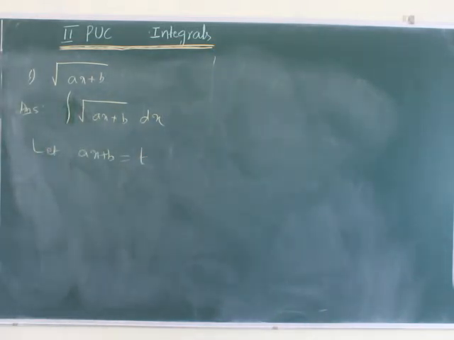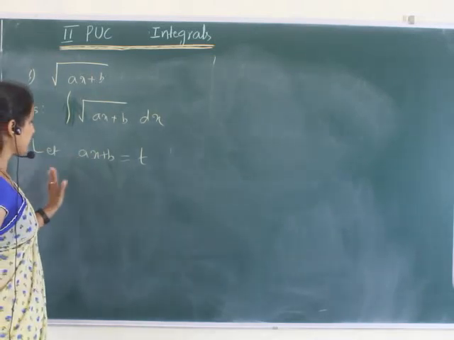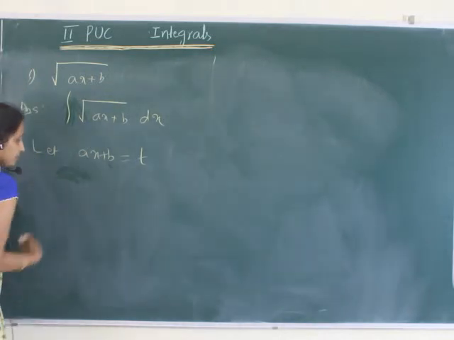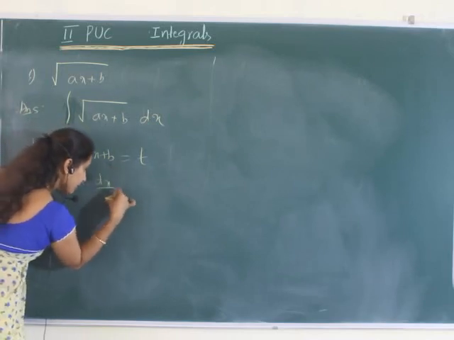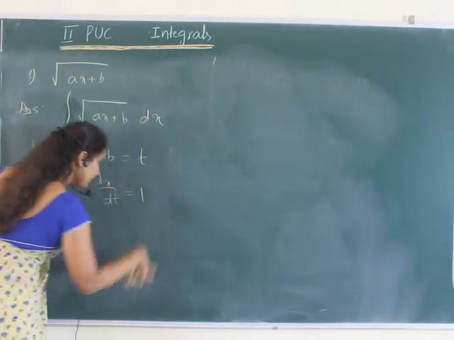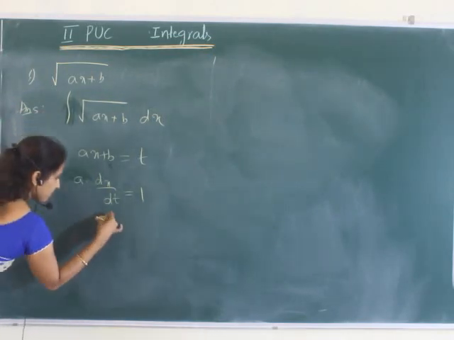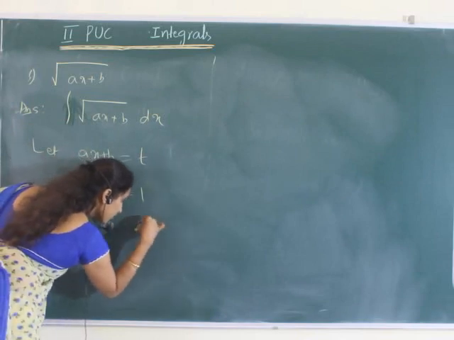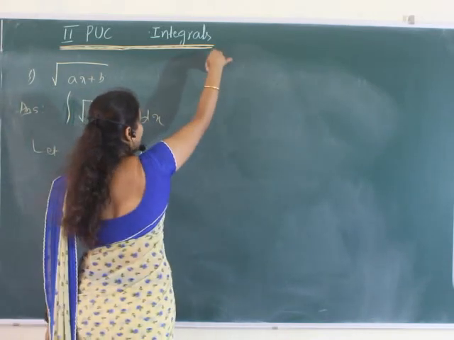Now find the derivative with respect to t. The derivative of b will be 0, and of ax it will be a, so a dx by dt equals 1. So dx is equal to dt by a.